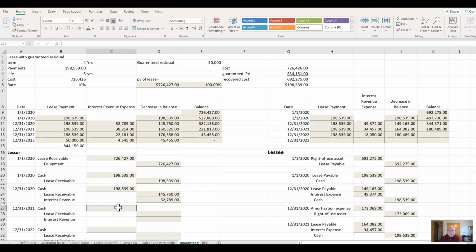Again, because this is a lessor, we don't do the depreciation. You notice the amortization expenses over here. So over here is the cash payment. This is for 21. That's the 198. The lease receivable is the 160 and the 38. And then in 2022, there's my cash payment.